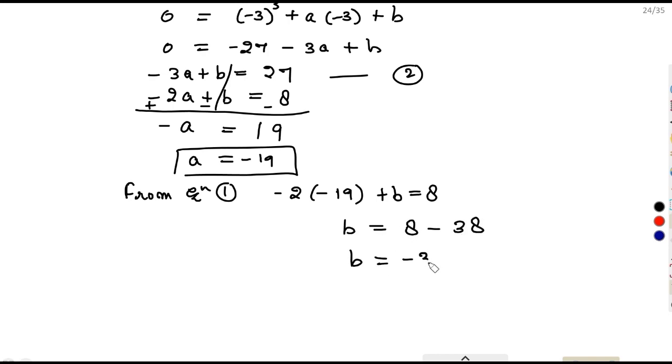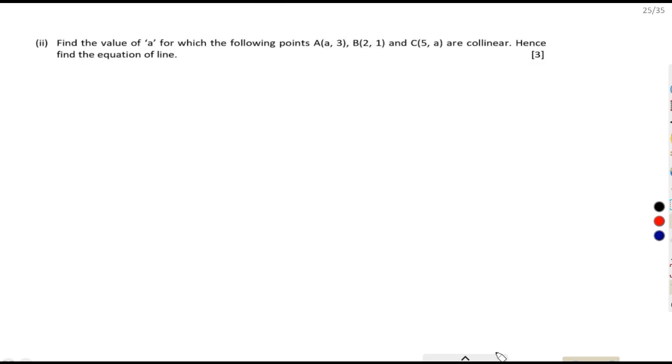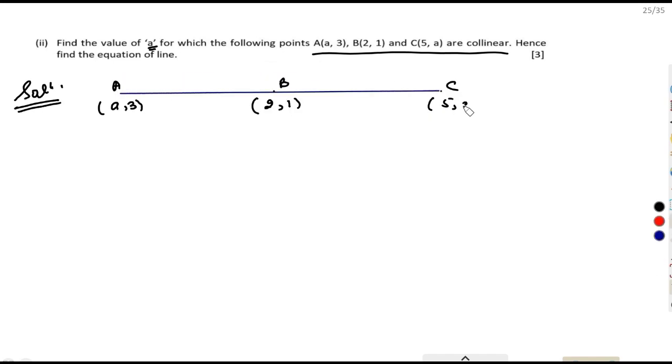B is equal to minus 30. Second part, A, B, C are collinear, hence find the value of A and the equation of line. If these 3 points are collinear, then slope of AB will be equal to slope of BC.